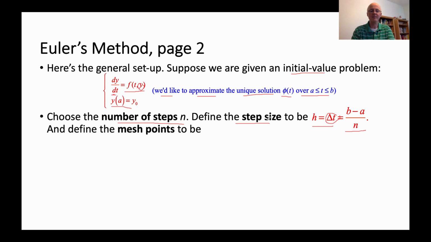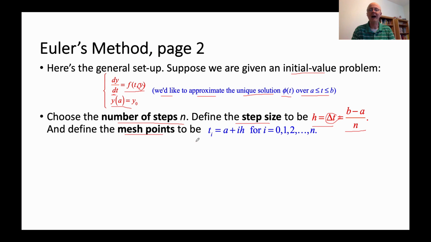And define the so-called mesh points to be similar to what we had with numerical integration, endpoints of each of the subintervals. A t0 is equal to a, and then a t1 is delta t or h units to the right of t0. Then t2 is h units to the right of t1. Then t3 is h units to the right of t2.